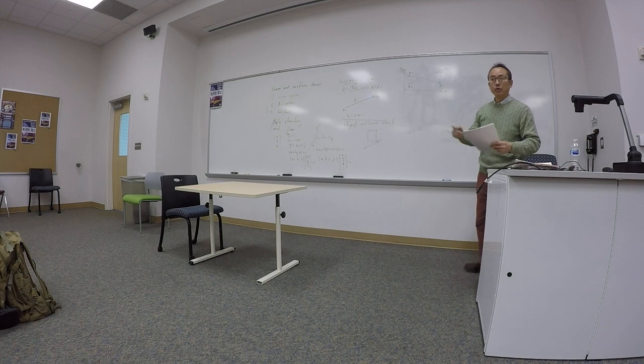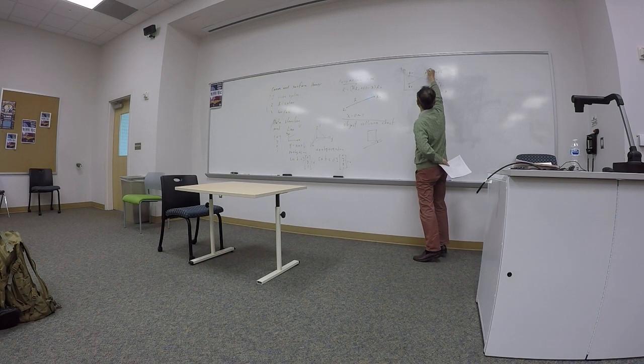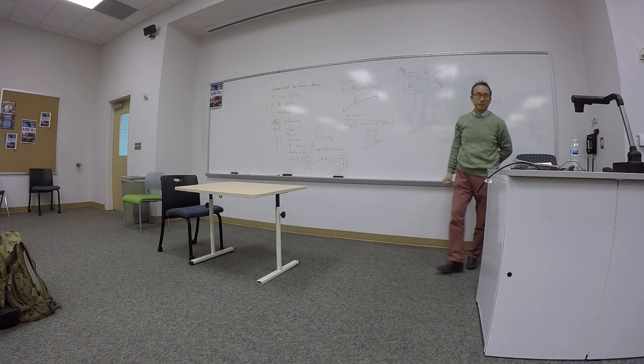Then you need two parameters to express these two lines. One I'm going to say is lambda, the other one is mu. Just two lines, two different parameters.